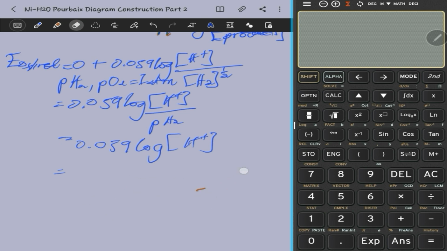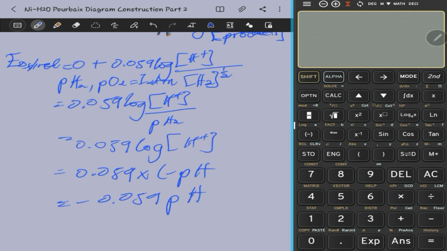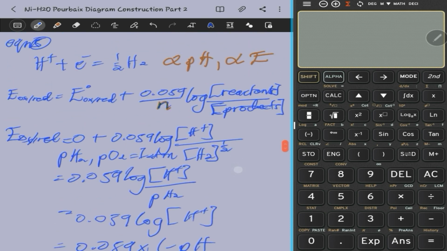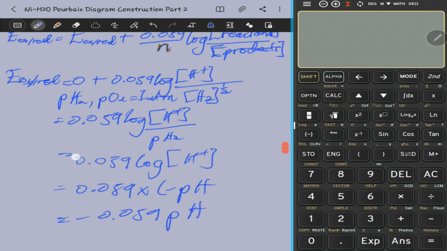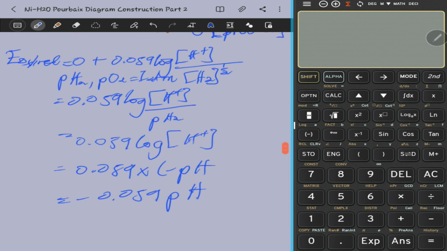So that means we end up getting 0.059 times minus pH, which gives us minus 0.059 pH. We've seen that this particular equation depends on pH and potential as well. So with this information, we should be able to draw a line.